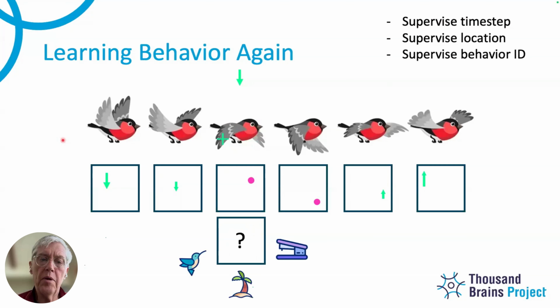And are you talking about a morphology model now? I'm just saying that in the behavior model, we can do the same thing that we're doing in a morphology model to learn in a supervised way. We just have to supervise an additional time variable here. We just tell it, okay, we're starting this new behavior. This is where we're starting from, so that we can store the observations correctly.